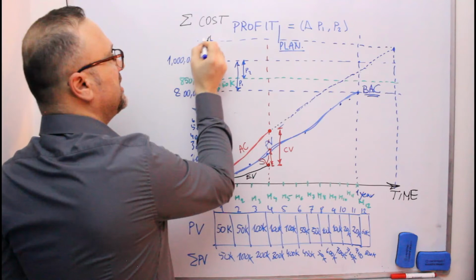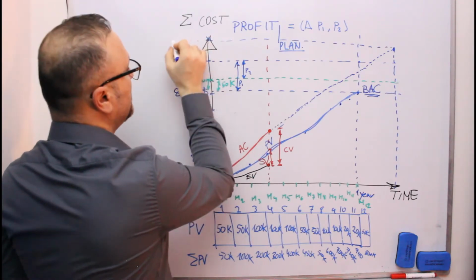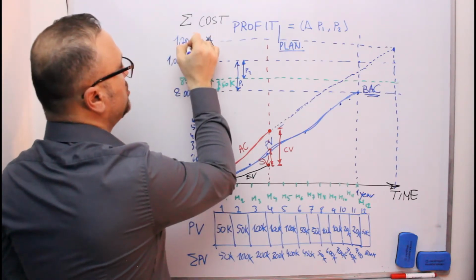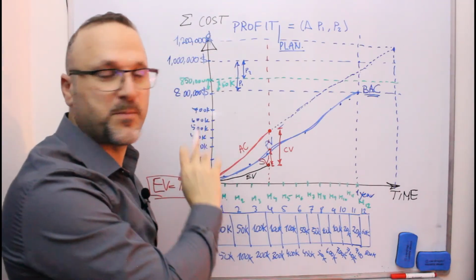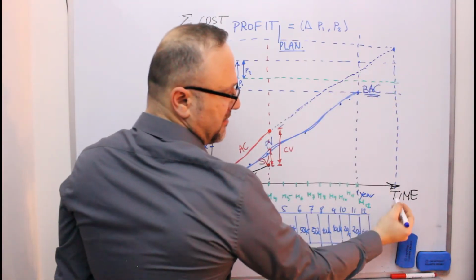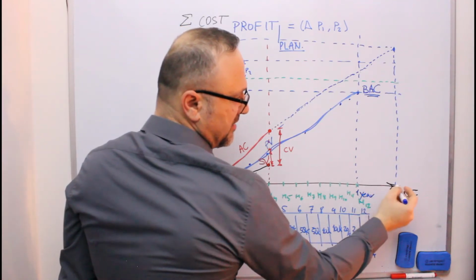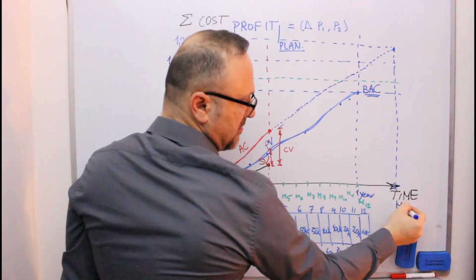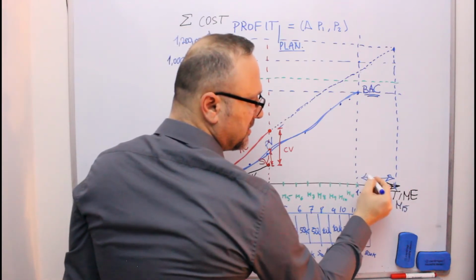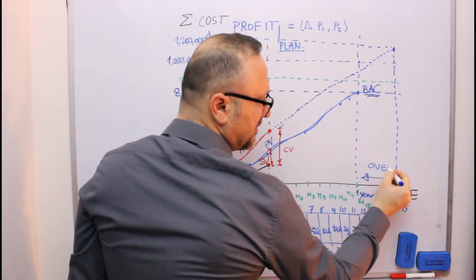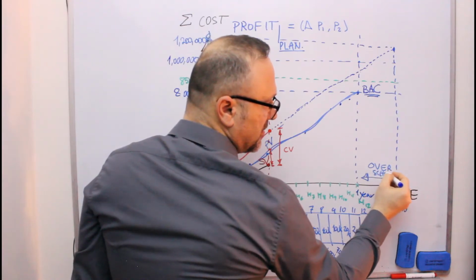So if I see that my project will finish somewhere around 1,200,000 estimation now, and I am finishing over here, where I am in month 15. So this period is over schedule.